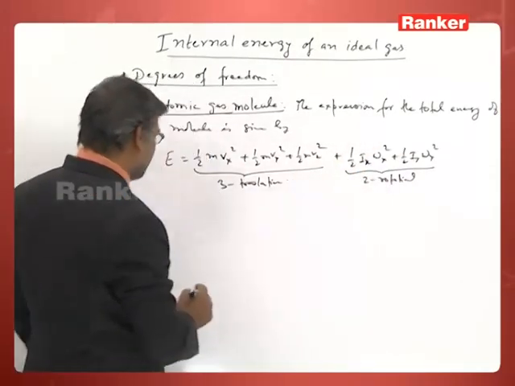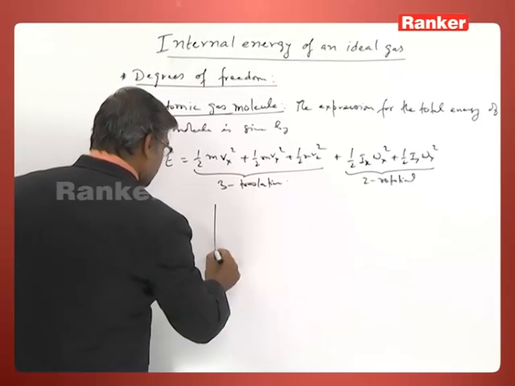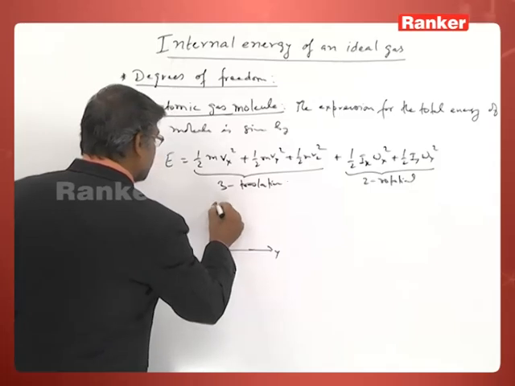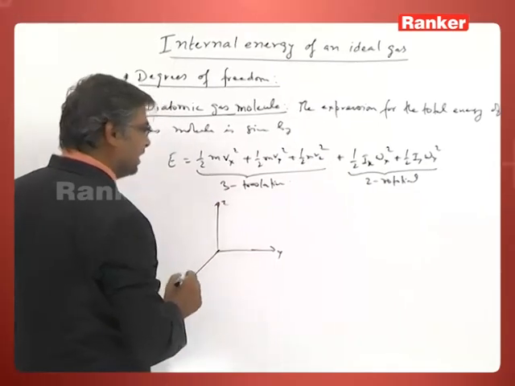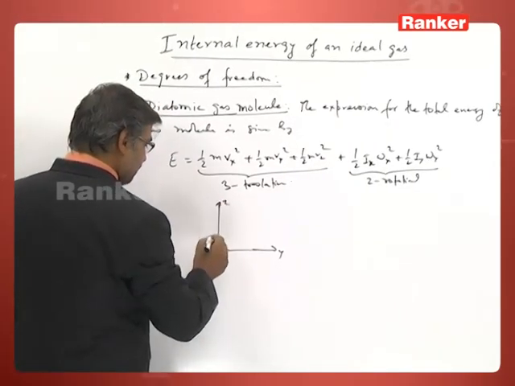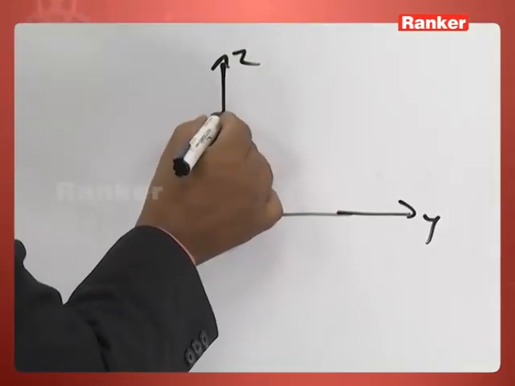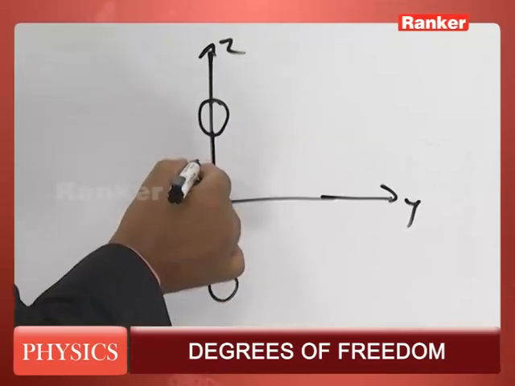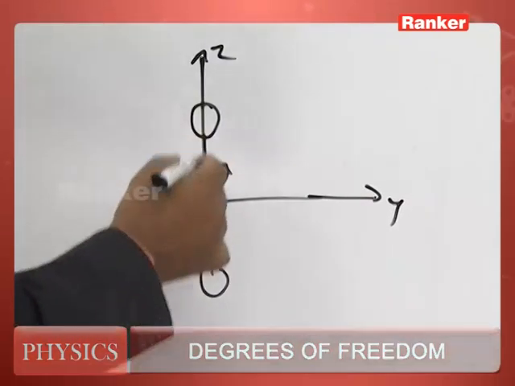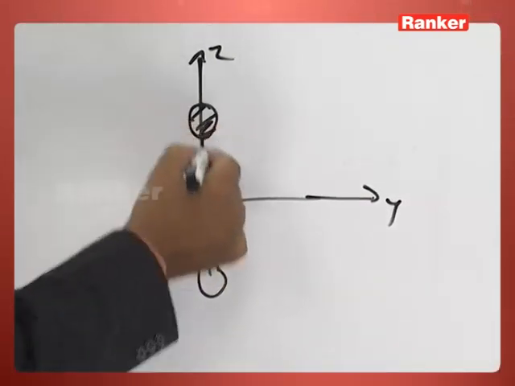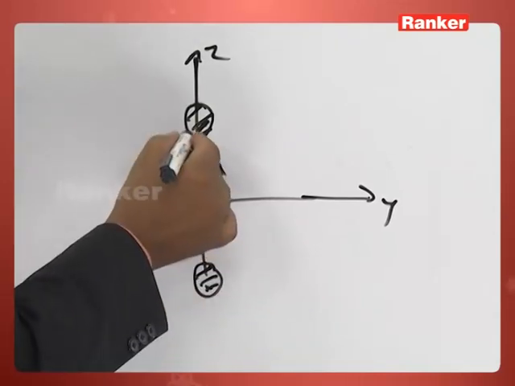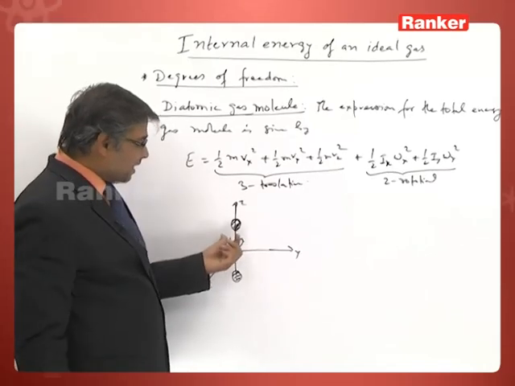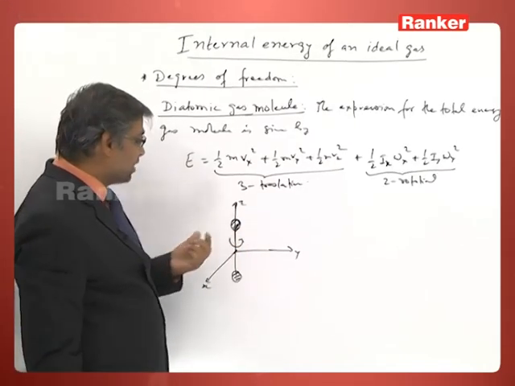Let us see why I have neglected it. So, suppose this is x axis, y axis and z axis. I have neglected the z term. Suppose the molecule is like this. So, it is rotating about this axis. These are the atoms to form a molecule. So, it rotates about z axis. I can neglect the moment of inertia here.